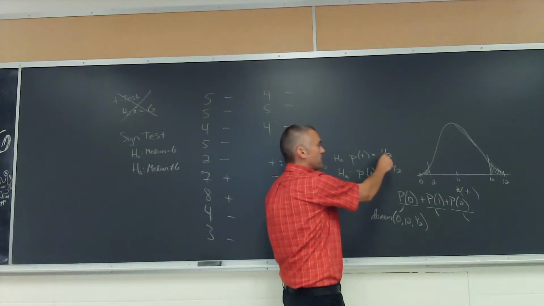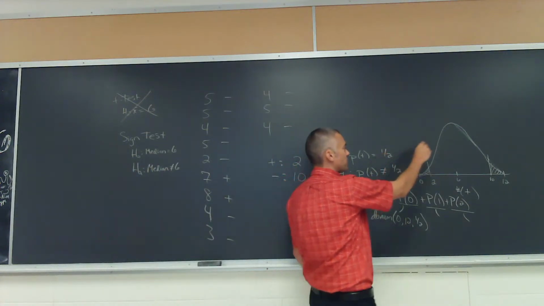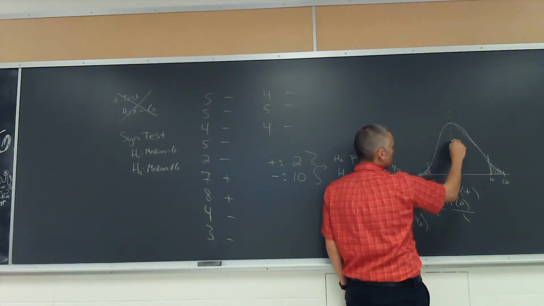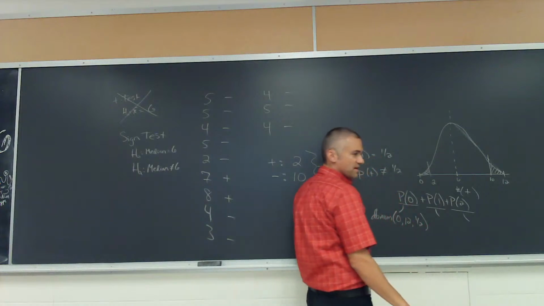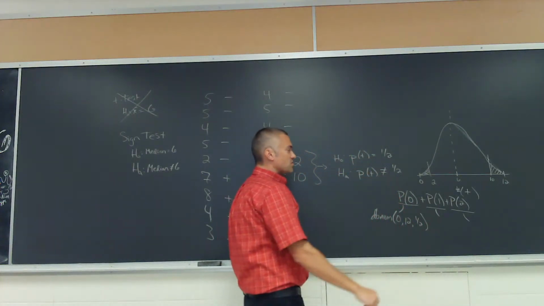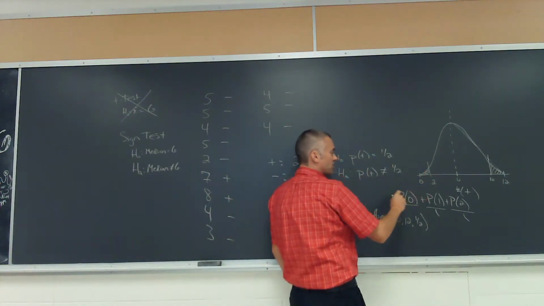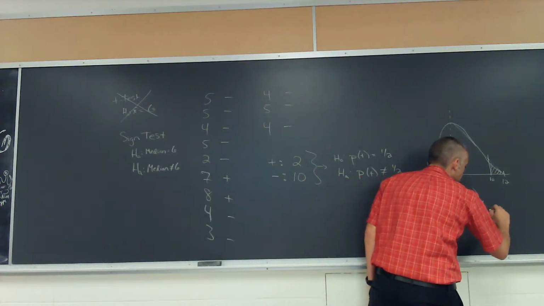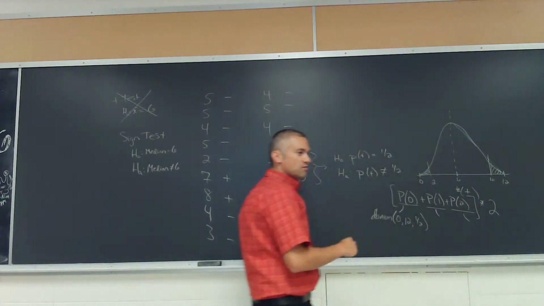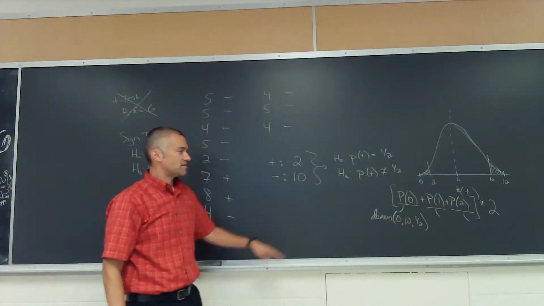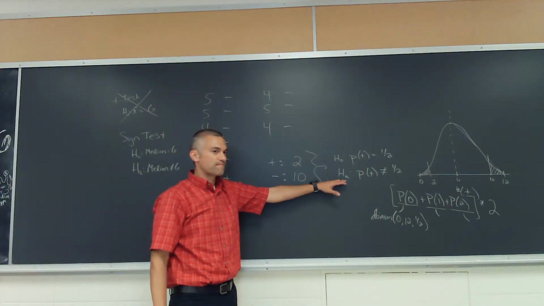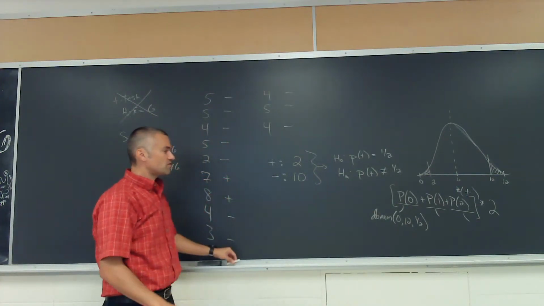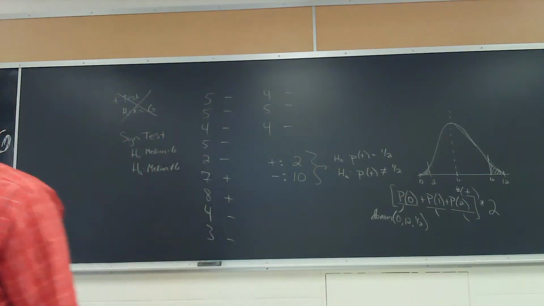If our probability of success is equal to 1/2, then this distribution is also symmetric. So we can do this area and multiply it by 2 in order to get the two-tailed test that tests this part. All right. So that is what our sign test is actually doing.